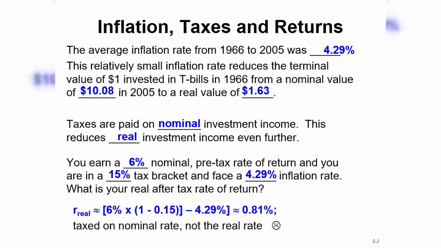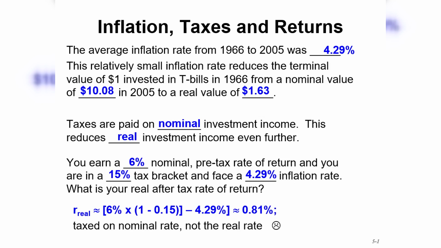This example drives the point home with numbers. From 1966 until 2005, inflation averaged 4.29%. If you had invested $1 in T-bills in 1966, it would grow to $10.08 nominally, but only $1.63 in real returns.